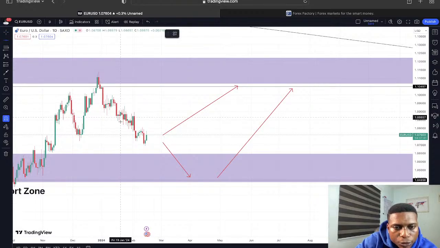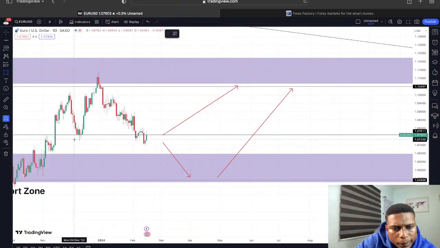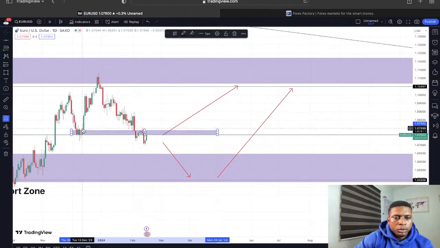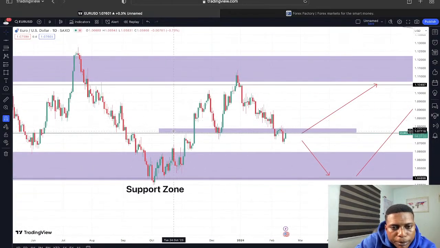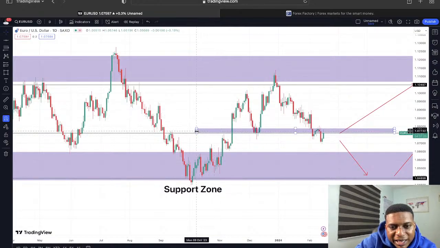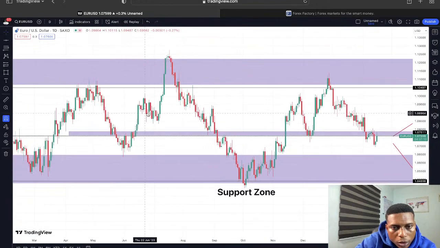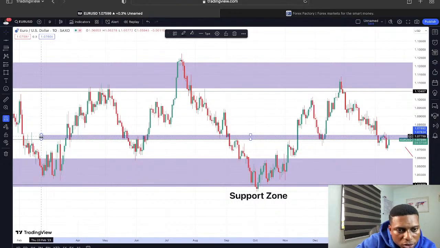Because we cannot ignore it, we mark this level as a resistance zone, because that level has already acted as key support.